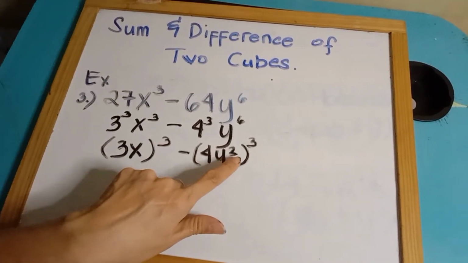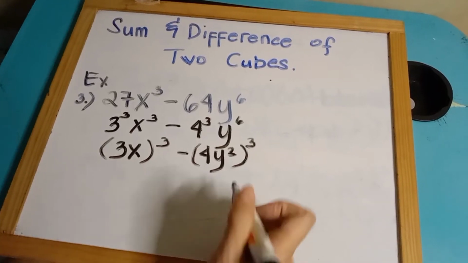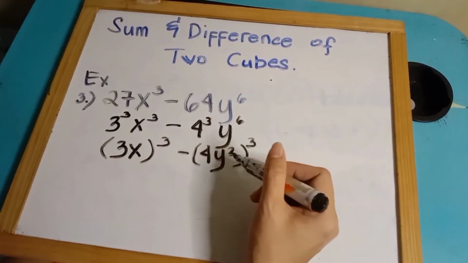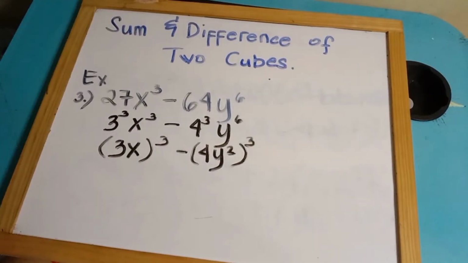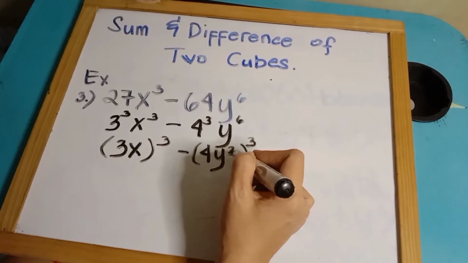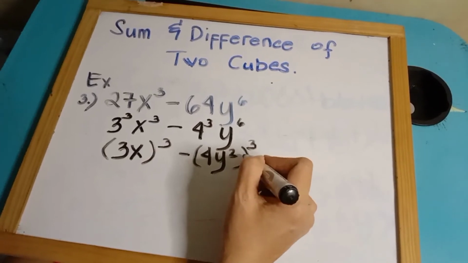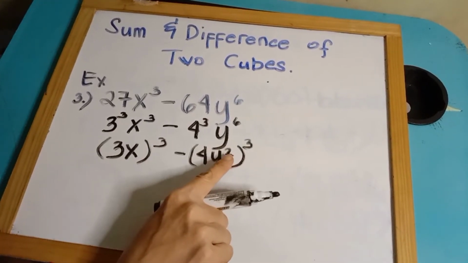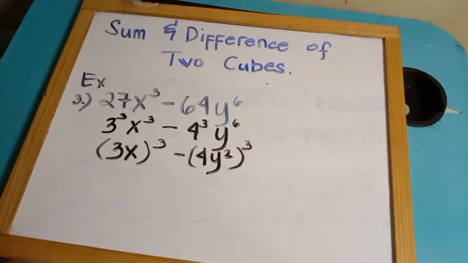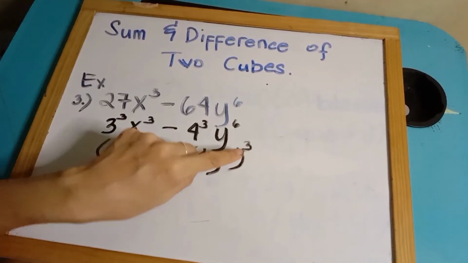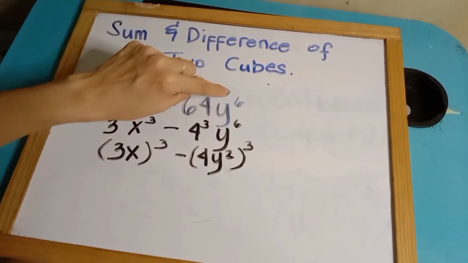y squared cubed. So, kapag may exponent na tayo, tapos ni-raise pa natin siya sa exponent, ano na yung gagawin natin sa ating exponent? I-multiply natin. So, y squared cubed, that is equivalent to 2 times 3 is 6. So, that is y to the 6.